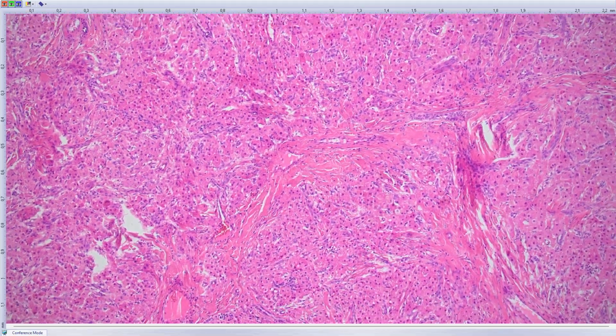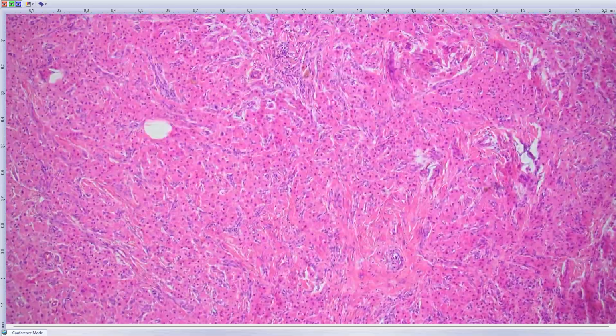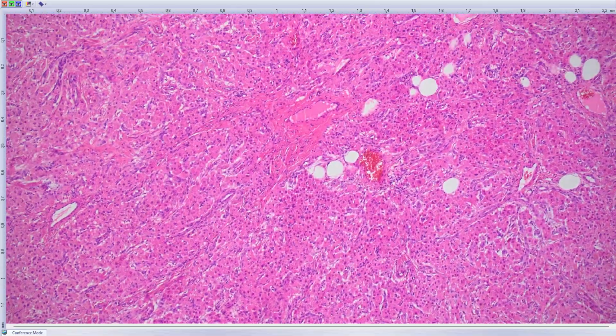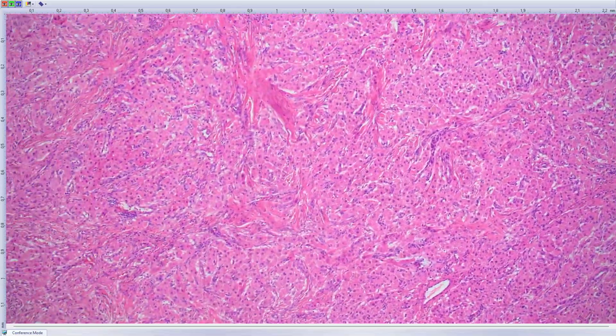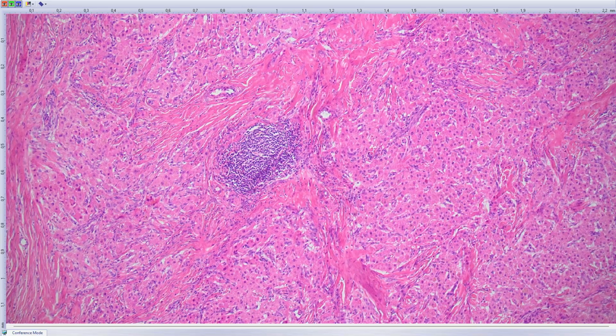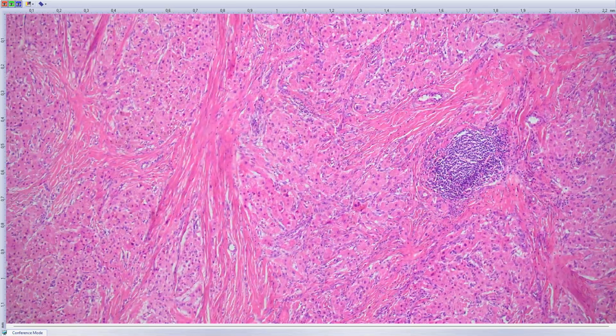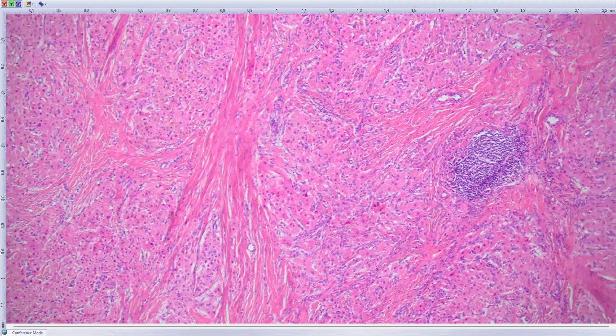The first aspect is the presence of these fibrous septa, which create a tumor of lobular appearance, which is not very typical for Leydig cell tumor. Leydig cell tumors are usually solid masses without septa. Here is a nice septum.